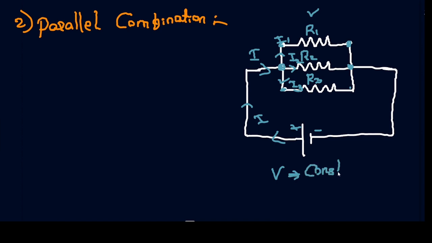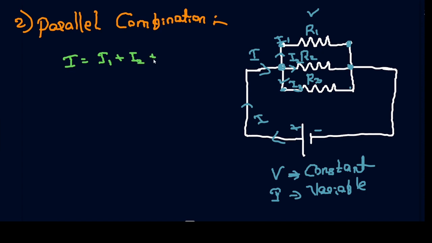Voltage is constant throughout the circuit between any 2 points, but the electric current is variable from point to point. So I got divided into three parts, right? I can write this mathematically as I is equal to I1 plus I2 plus I3, right?